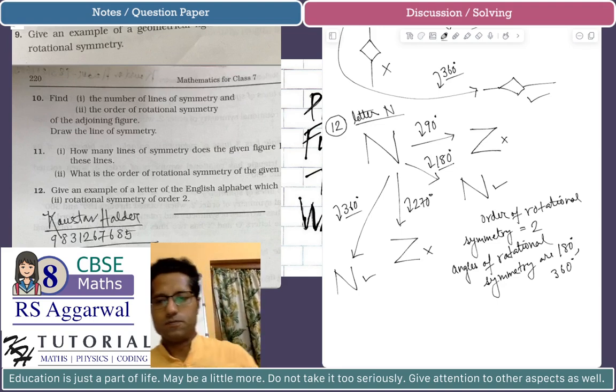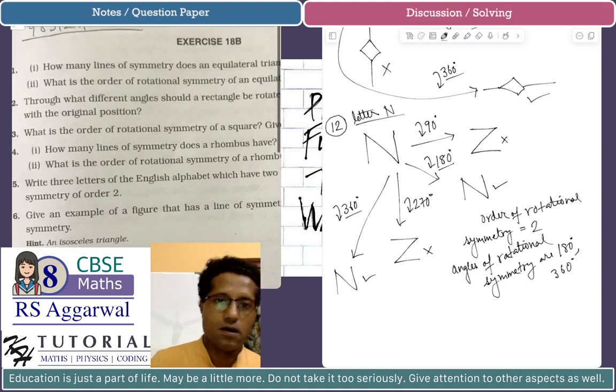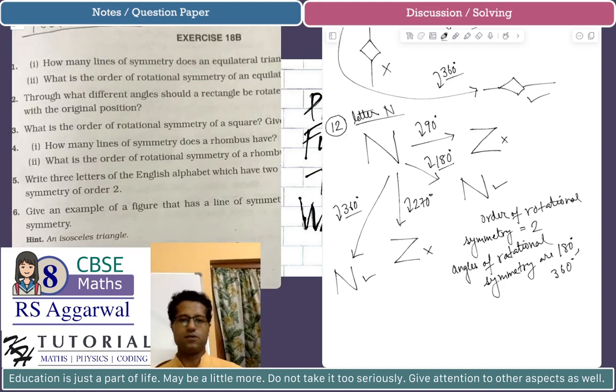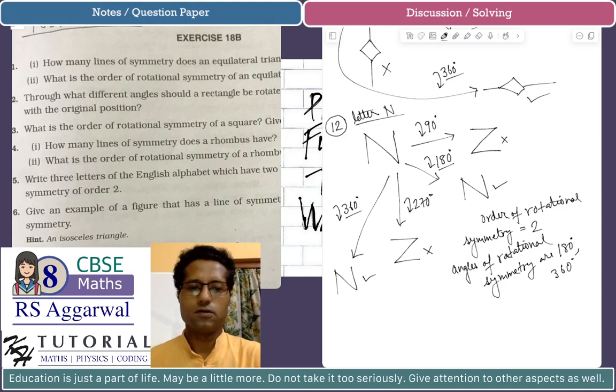Okay, so this brings to an end of solving the problems of exercise 18B, which was based on the reflection symmetry as well as rotational symmetry.